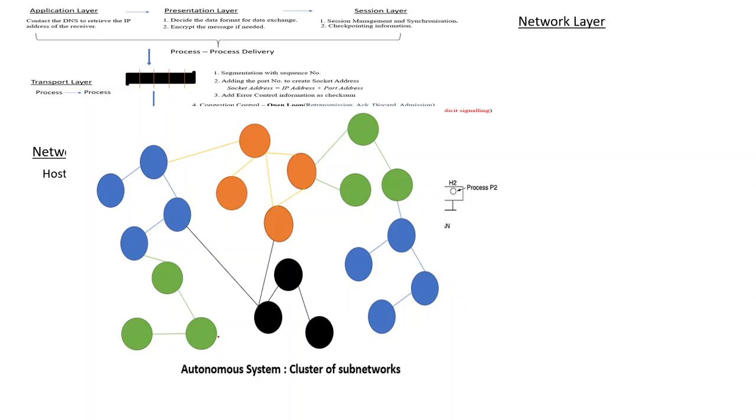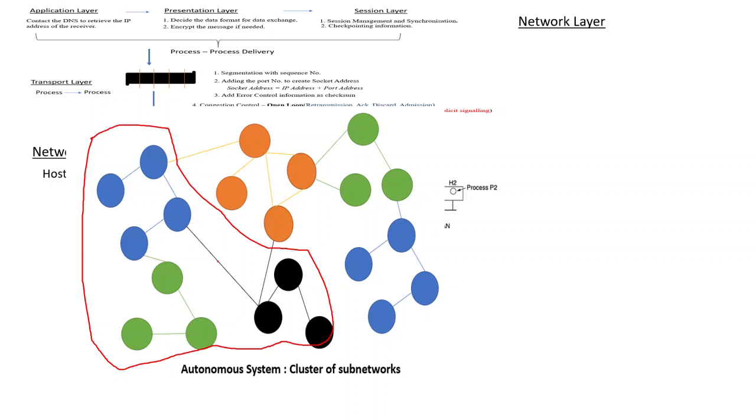So what we have done is we have chosen a few sub networks together, and we have marked them as an autonomous system. Say we are taking these three networks, this blue, green and black, that is one autonomous system.